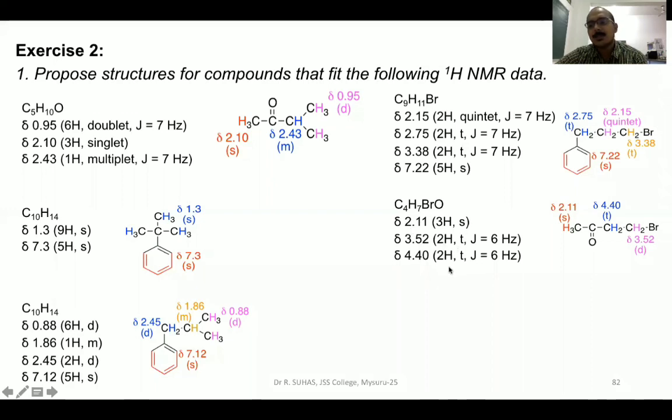This CH2 should be present as a neighbor, and hence they appear as triplets. Now you have to substitute Br and O. There is one unsaturation. It indicates that it should be a carbonyl compound. So CH3CO, CH2, CH2, Br. And this CH2 has a higher value because it is attached directly to the electron withdrawing bromo atom.